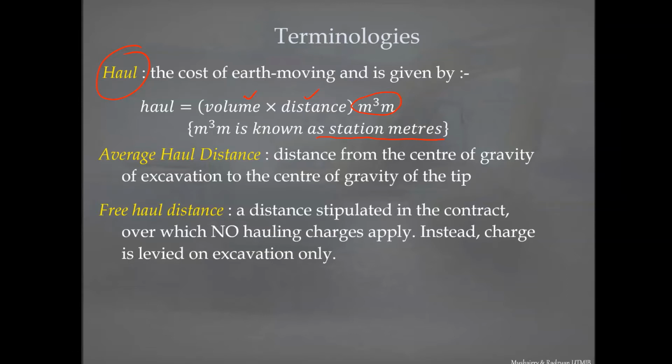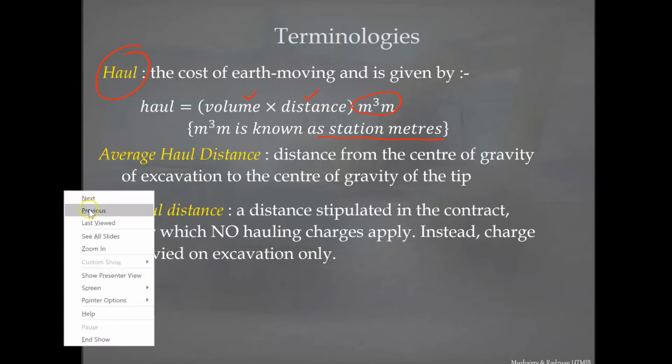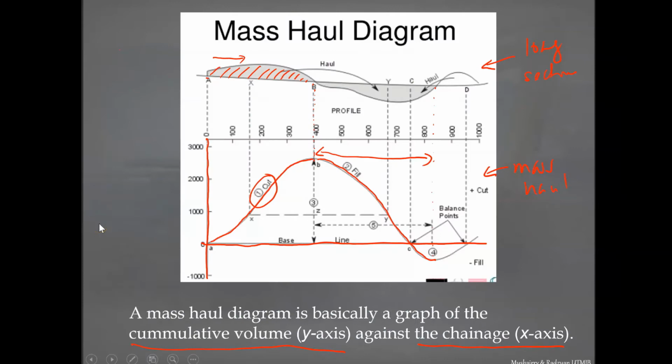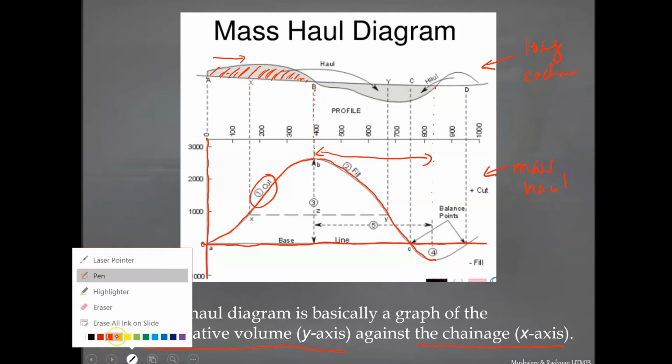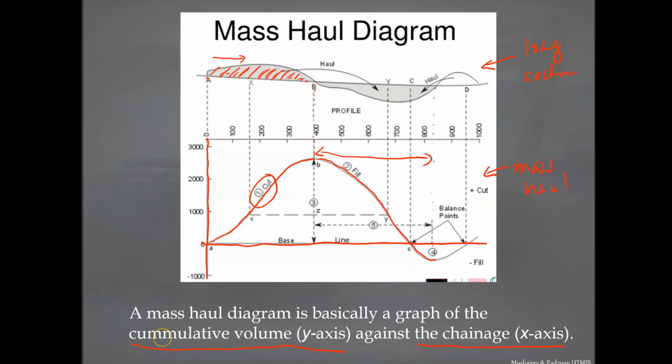Then we've got the average haul distance. Okay, if I can just go back to the previous one just to explain what I mean by average haul distance. Let's say we excavated that area there, and for argument's sake, let's say the volume that we excavated can be filled onto that area.